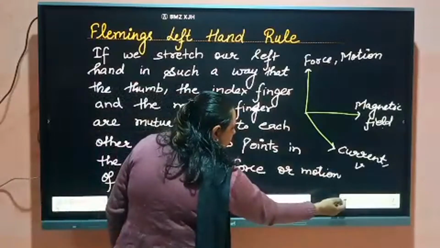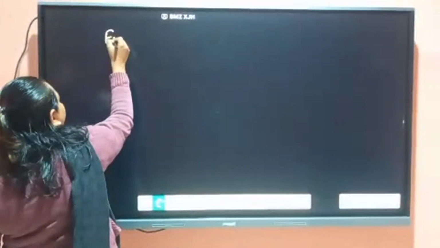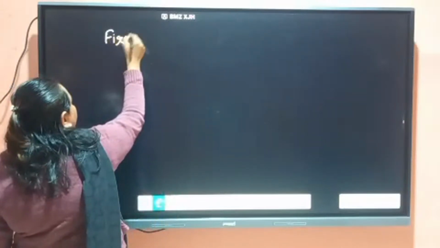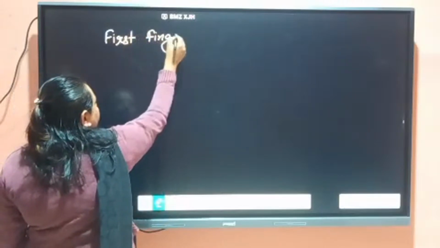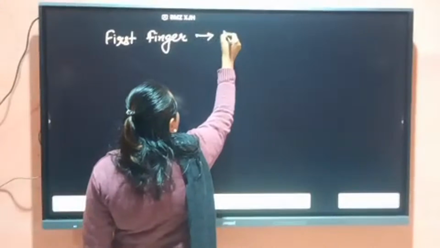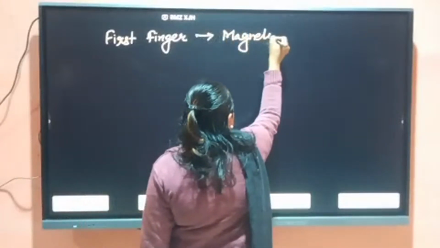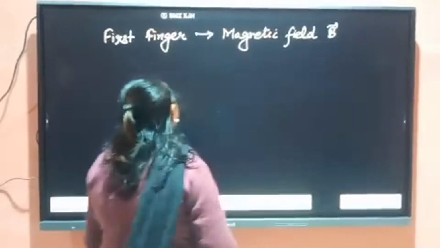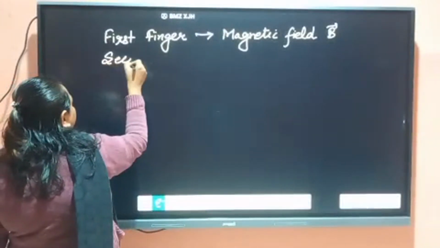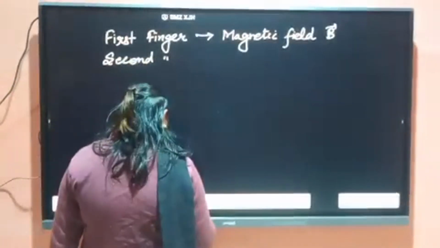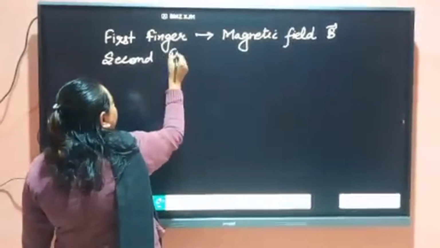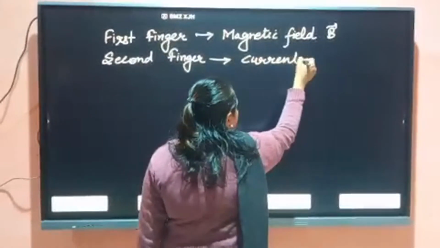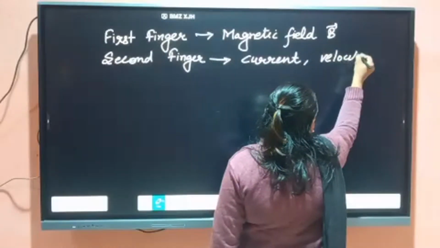The forefinger or first finger points in the direction of magnetic field B, and the second finger or middle finger points in the direction of current or the velocity vector.